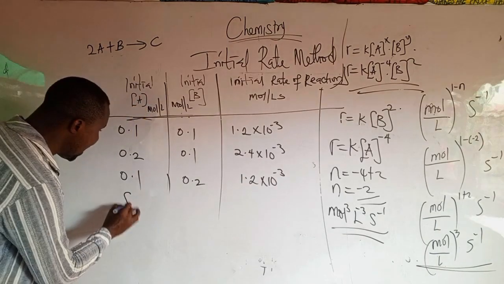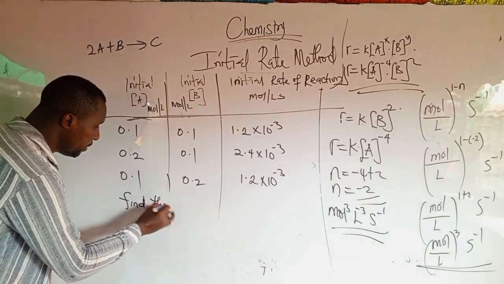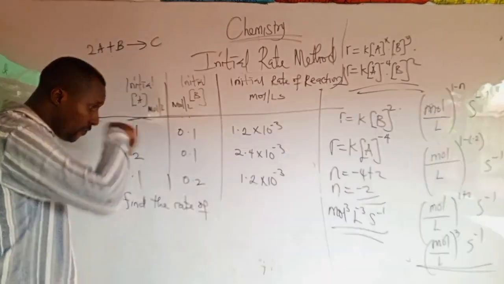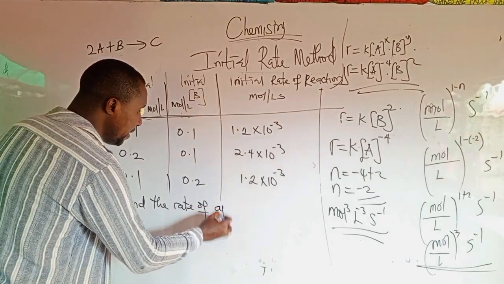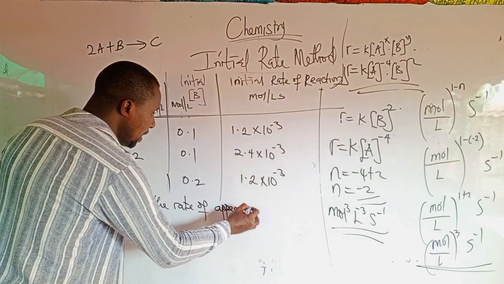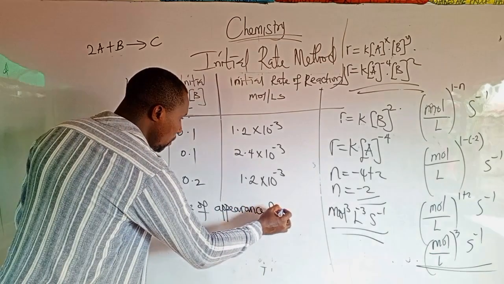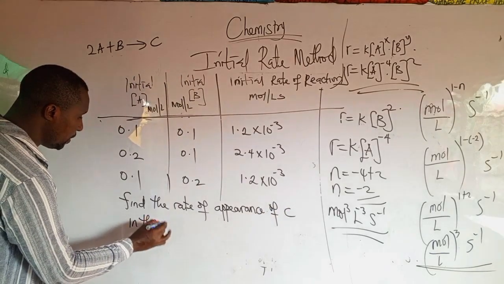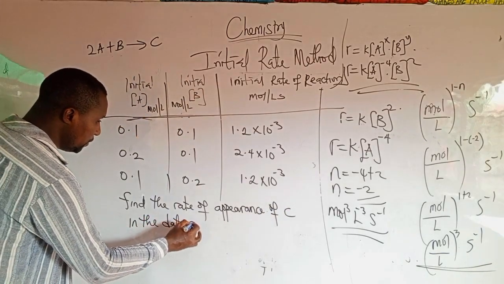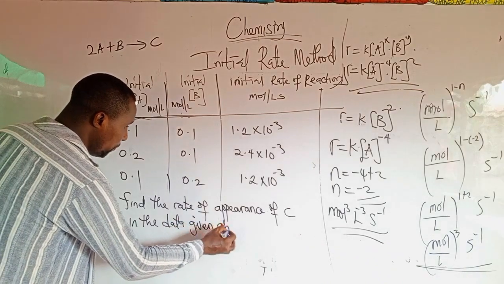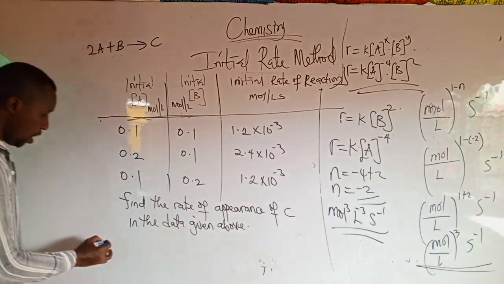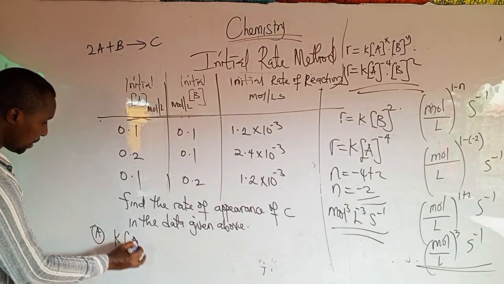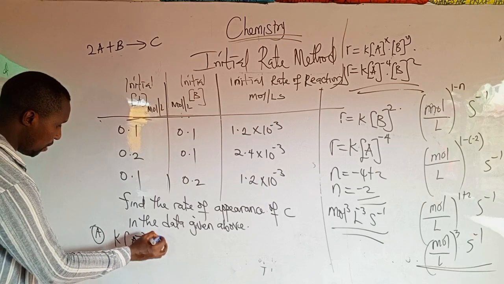Then the question says, find the rate of appearance of C in the data given above. Option A: K, A raised to power 2, B raised to power 1.